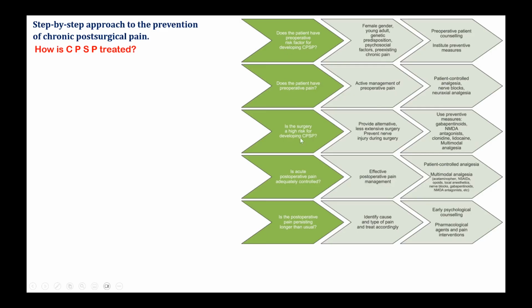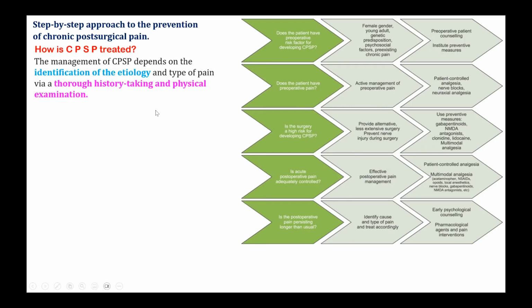Is the surgery a high risk for developing CPSP? Then provide alternatives or less extensive surgery. Is acute postoperative pain adequately controlled? That is another important step in preventing chronic post-surgical pain. If the postoperative pain is persisting longer than usual, identify the cause and try to treat. So if you use this approach, then you can prevent most of them.